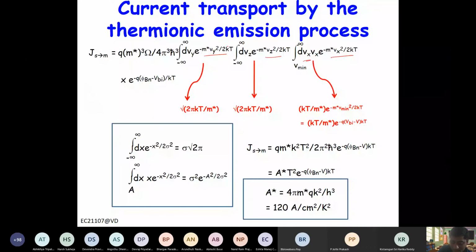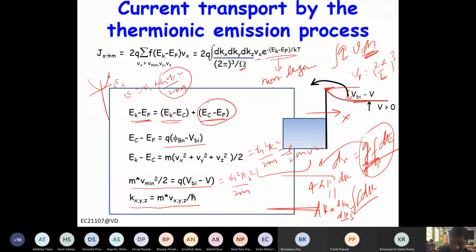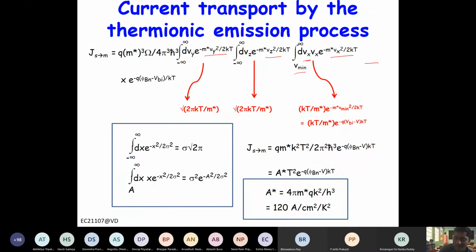Then your limit should be the minimum velocity to infinity, right? Actually the integral will be the same if you use the limit from minus infinity to minus V minimum, basically assuming that x is pointing from right to left.